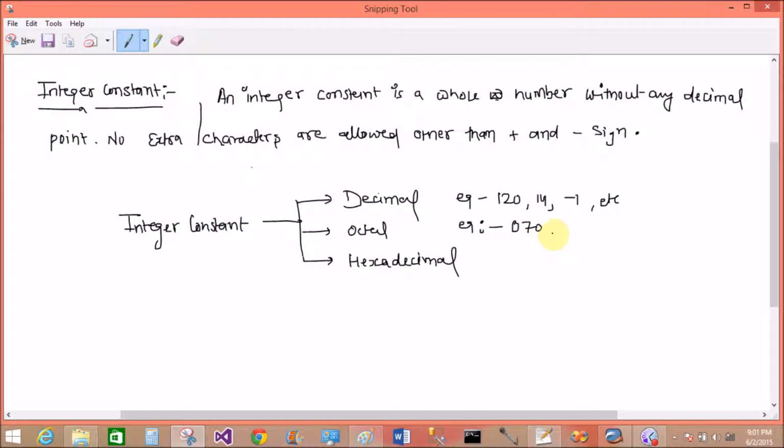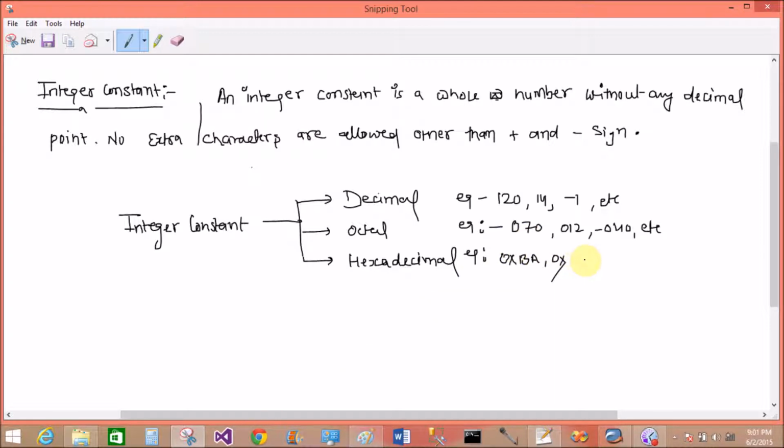Octal starts with 0, like 01, 02. Octal means digits 0 to 7 are represented. And hexadecimal starts with 0x. Now, 0xBA.